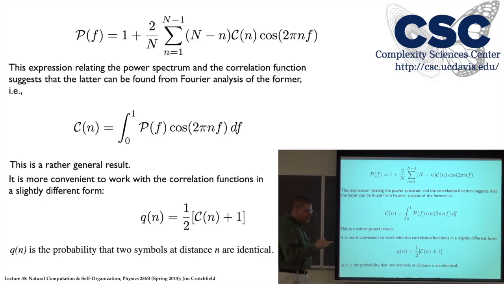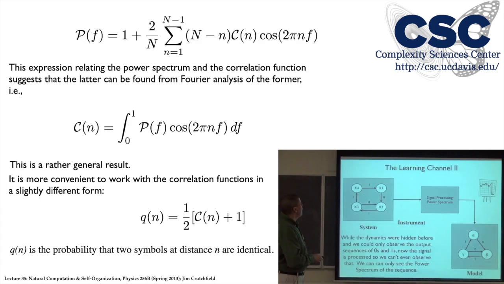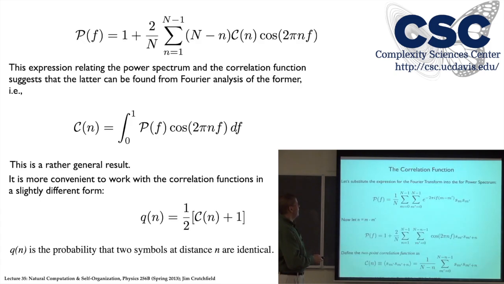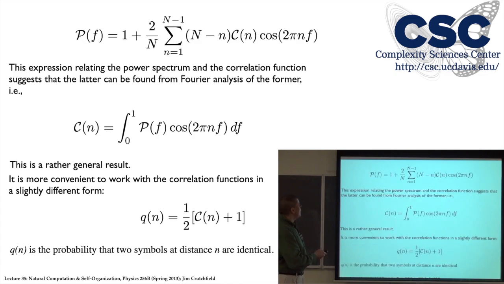Actually, I don't think you do have. If we look at this expression, let me go back. Oh, that's way back. If I look at this expression for the power spectrum, then what I find is that when Q is equal to 1/2, it means that C is equal to 0.